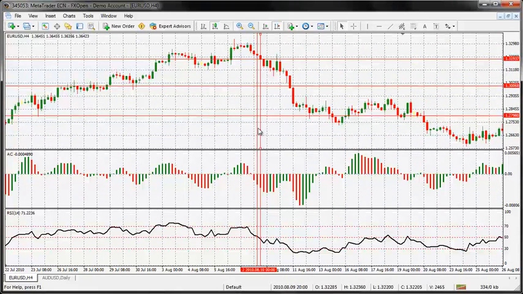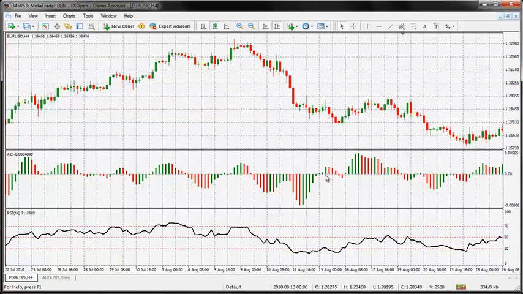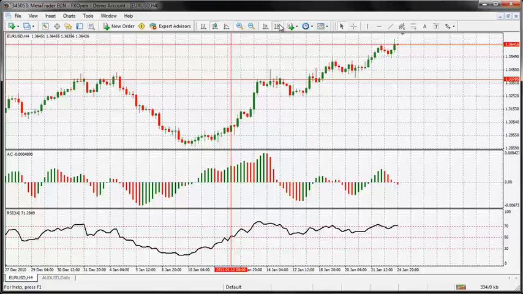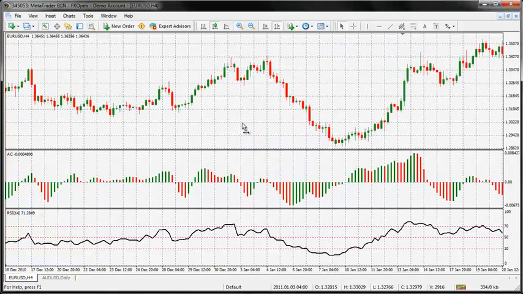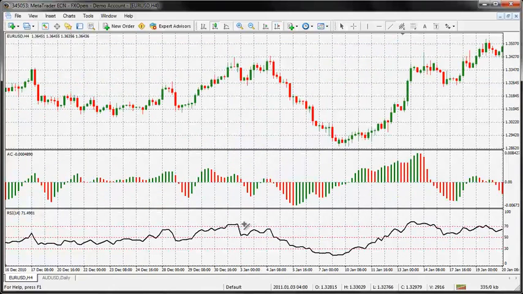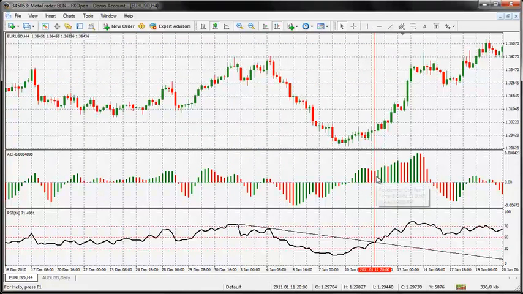So there is another way that you can interpret signals using the RSI without using any really technical fundamentals in your technical analysis. For instance, you don't need to place trend lines from here to here, wait for a breakout, and then if that breakout appears on a green candle or a green bar, go long.